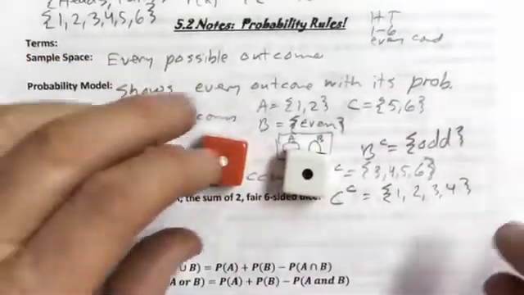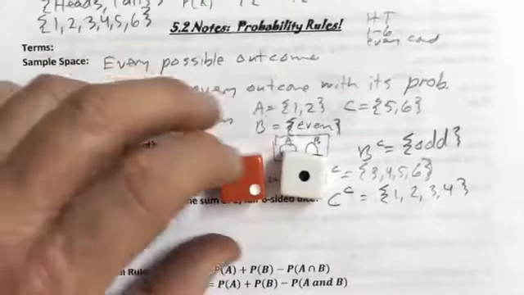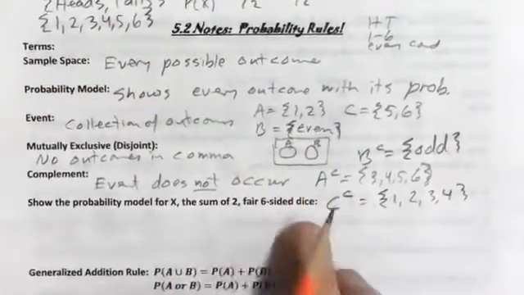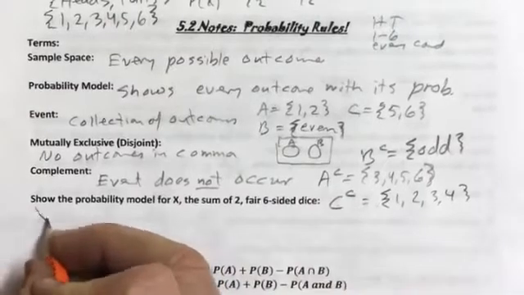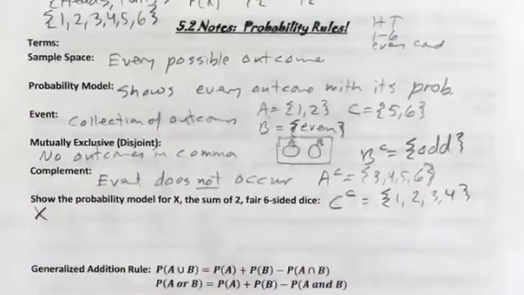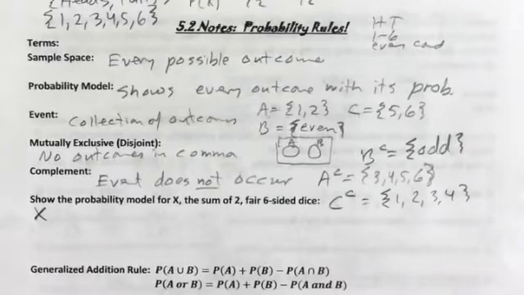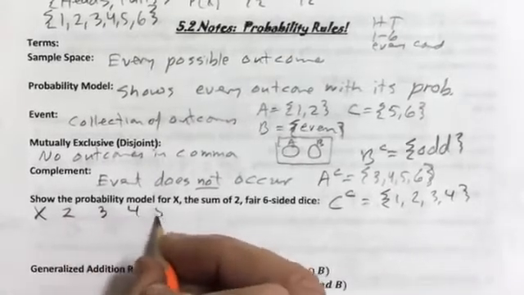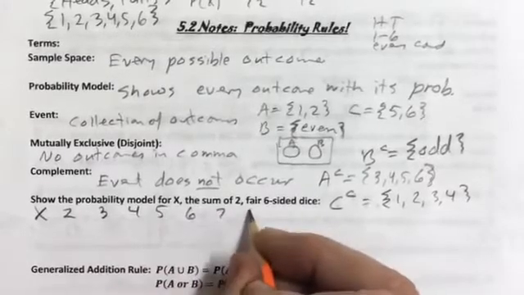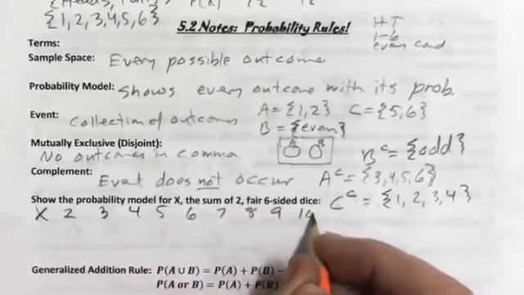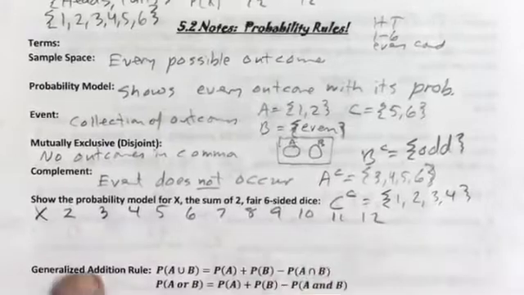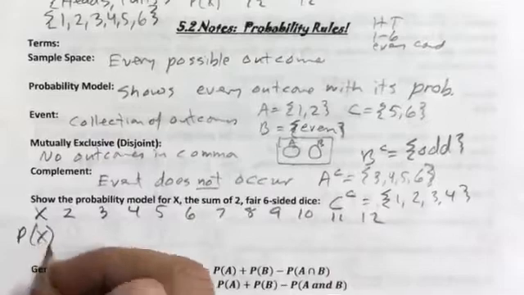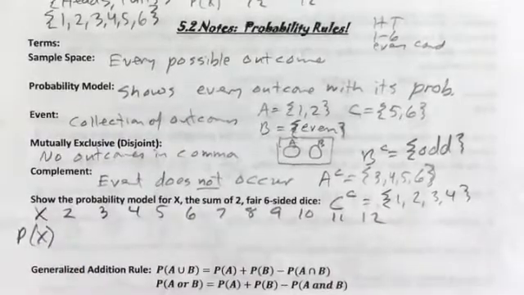So you can get every number between 2 and 12. The probability model means list every possible outcome and its probability. So every outcome is 2, 3, 4, 5, 6, 7, 8, 9, 10, 11, and 12. We're going to be doing several problems with this distribution, so that's why I'm doing this. And then the probability of each. Now let's think about this.